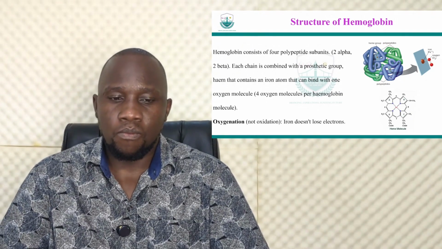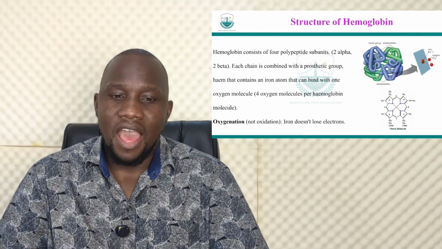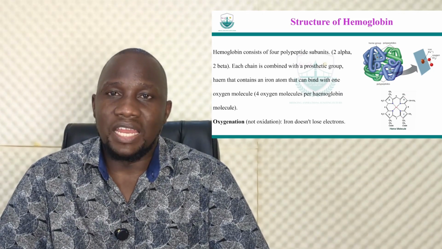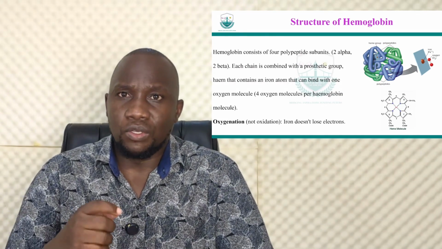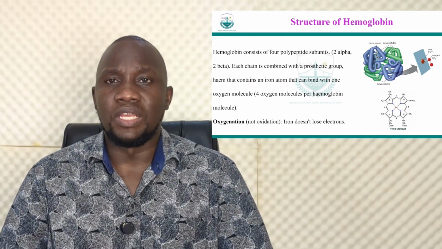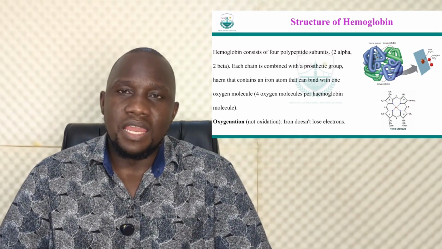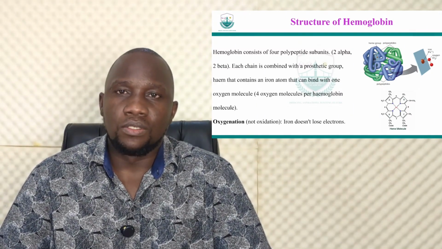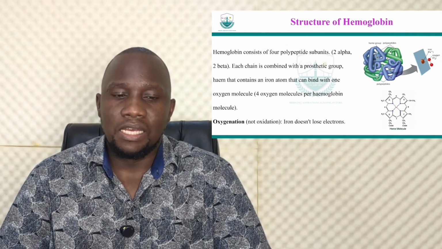So each of these chains is actually having an iron atom. Okay, so this iron atom is what we term as the prosthetic group in hemoglobin. A prosthetic group is a non-proteinous portion that permanently attaches to a protein.